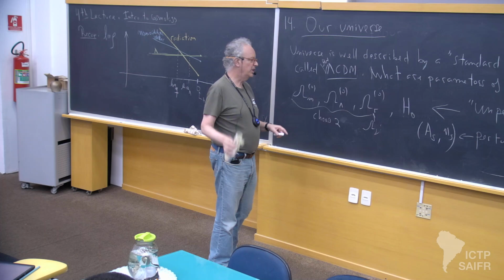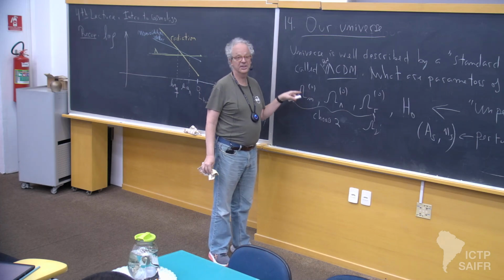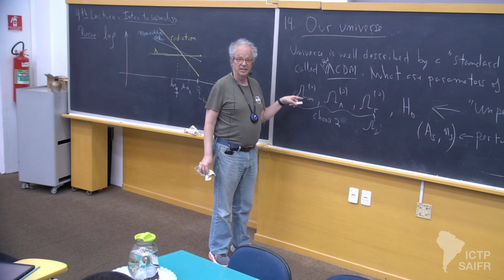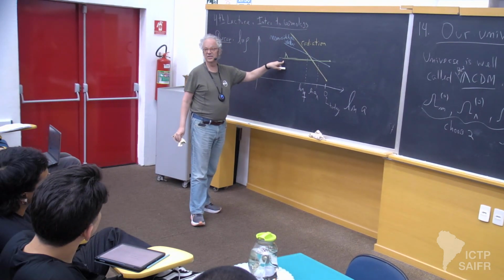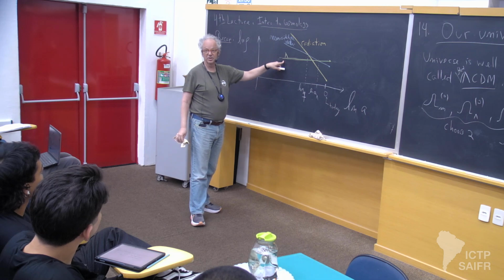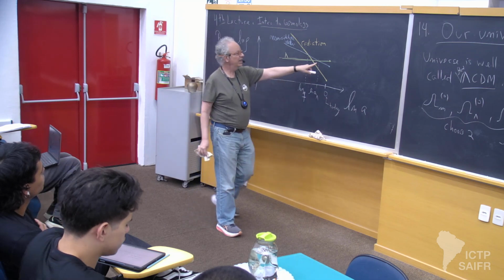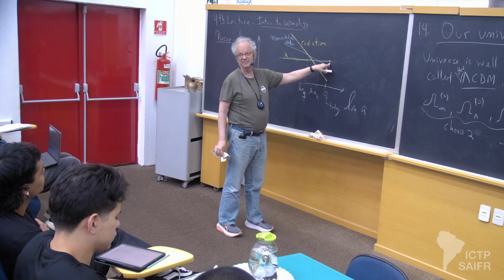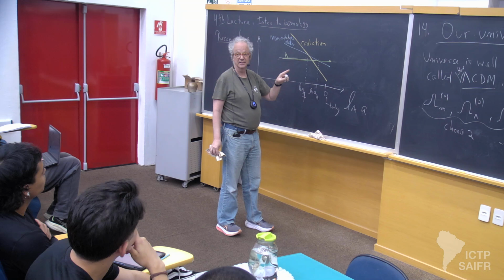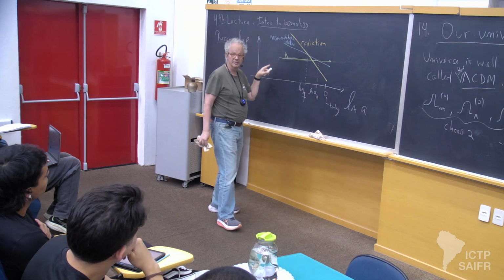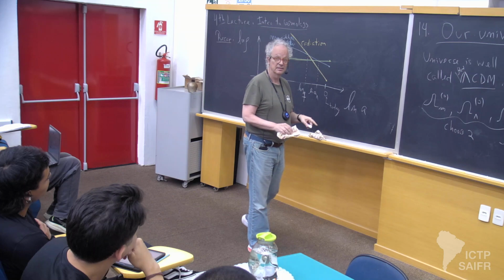So this is a very good question. These density fractions, this omega, they're functions of time. So in the past, as we see here, the cosmological constant is negligible. So omega lambda in the past is very close to 0. And omega lambda today is the dominant one. They always sum to 1. The omegas always sum to 1, all the time. But the proportions change. Is that clear?